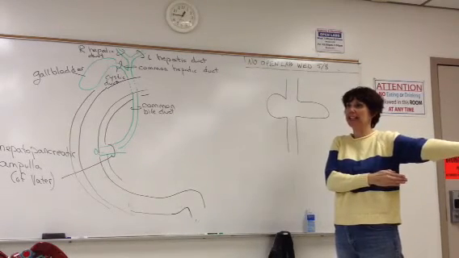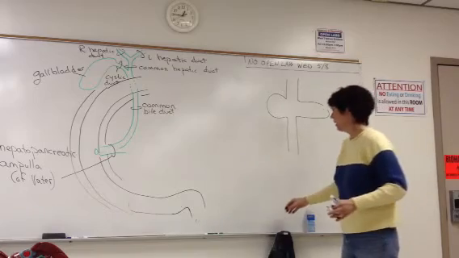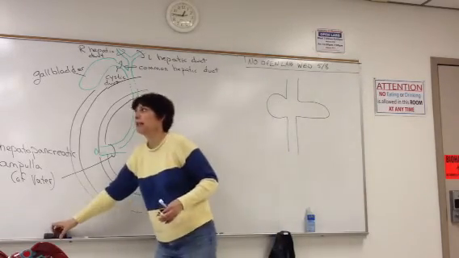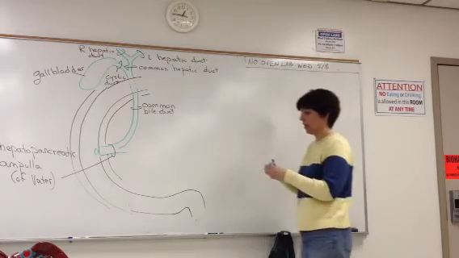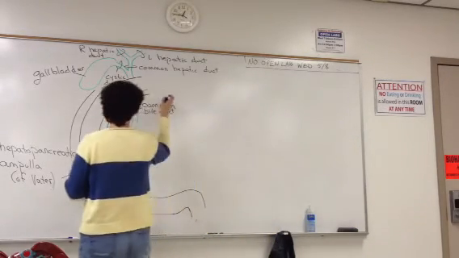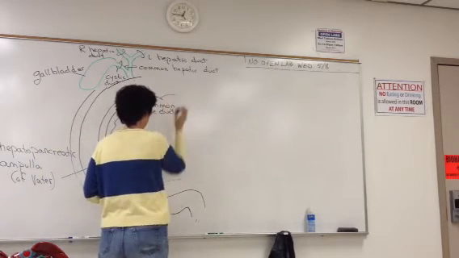And that's how we get the large head of the pancreas tapering out to the tail. So the head of the pancreas is nestled into the C-shaped curvature of the duodenum. So this would be the head.